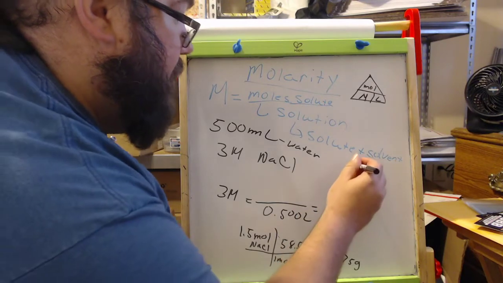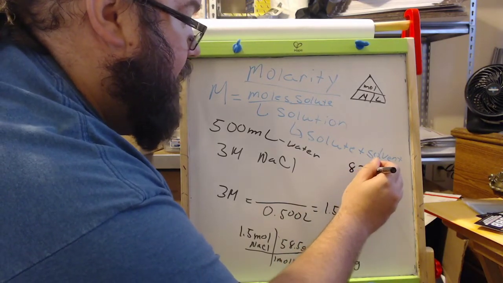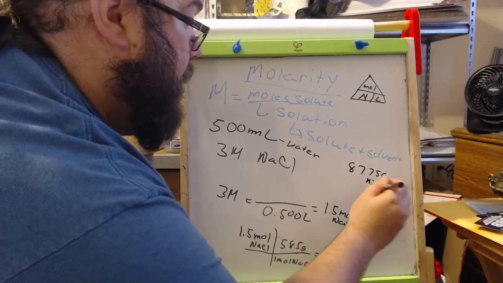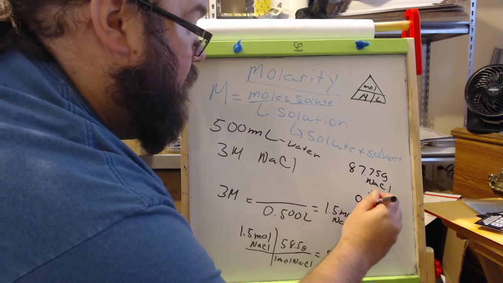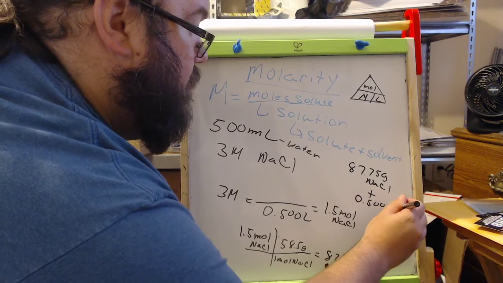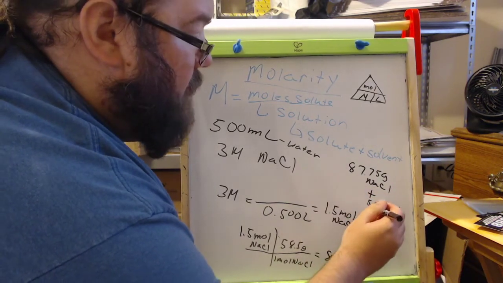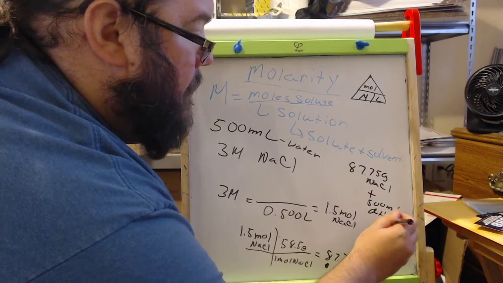So if I wanted to explain it to somebody, I'd say, hey, take 87.75 grams of sodium chloride and add it to 500 mils of distilled water.